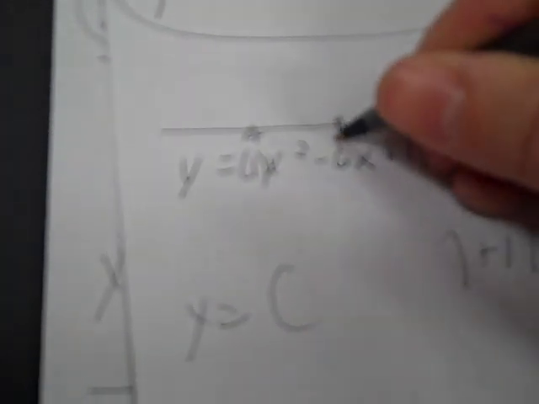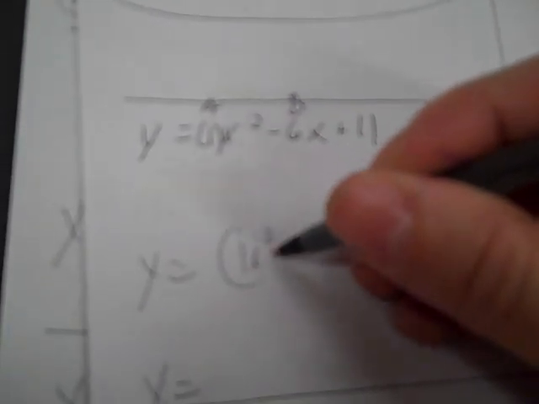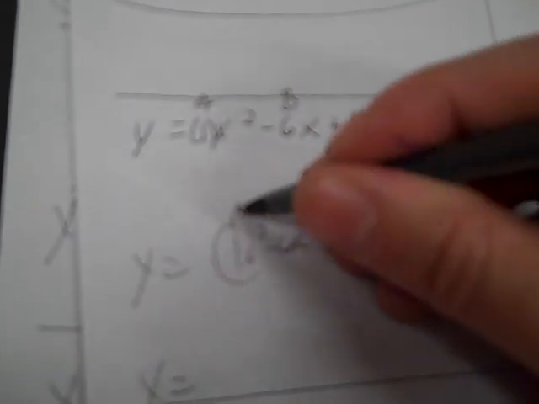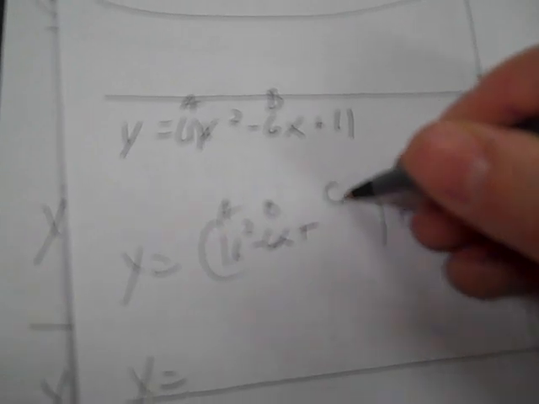Okay, last one. Put that implied 1 there. Kick out your plus 11. 1x second minus 6x. a, b, and you'd better be coming up with a c that makes a perfect square trinomial.